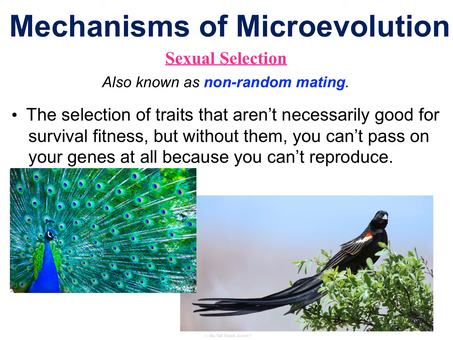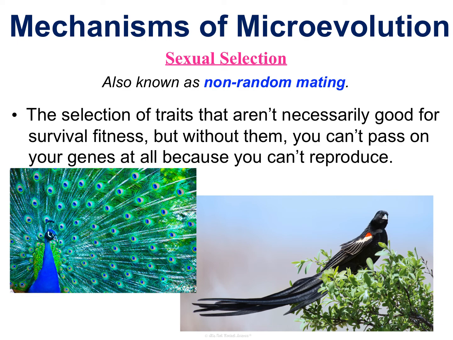It's just that we have some sort of process where the females are choosing a male, most often, that has something that allows it to become more attractive to the female. Therefore, she's a little bit choosy, and she would want to mate with that particular male, and more of his offspring will be available.